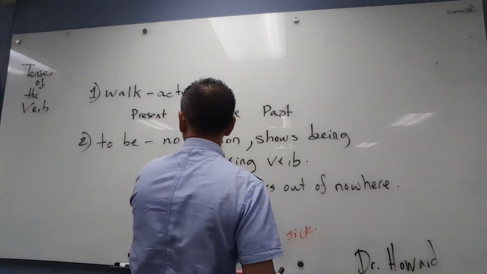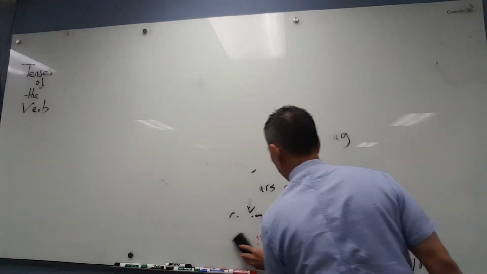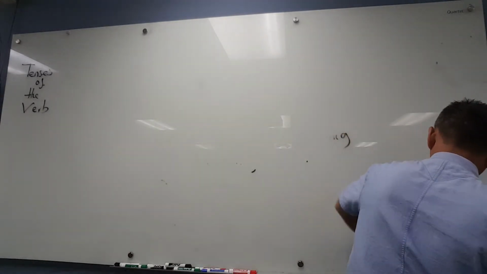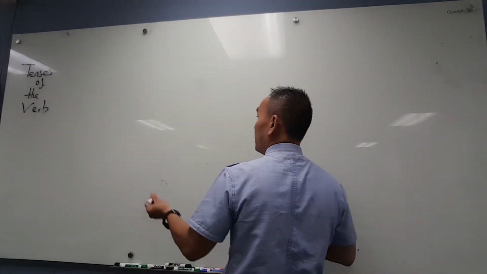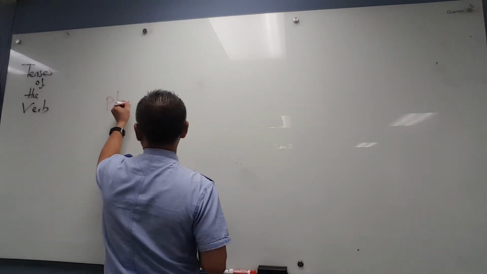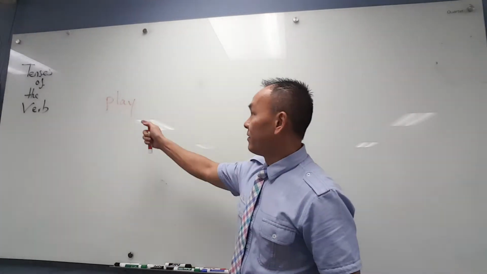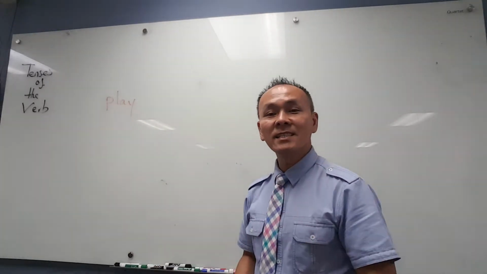Okay? So let's use the word play. This is play. Okay? The verb play has many tenses.